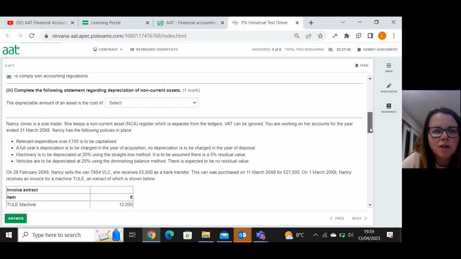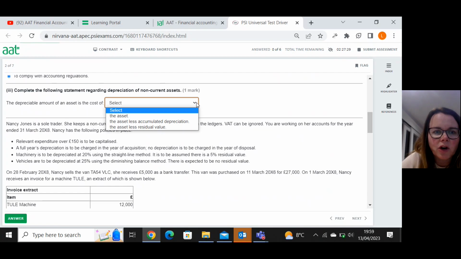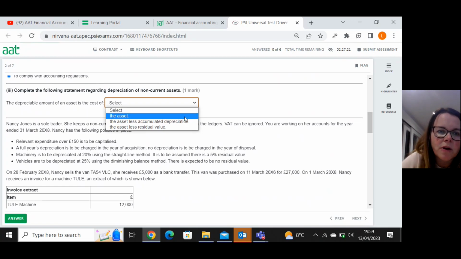Complete the following statement regarding depreciation of non-current assets. The depreciable amount of an asset is the cost less the accumulated depreciation. Or is it the cost of the asset? Or is it the cost of the asset less residual value?